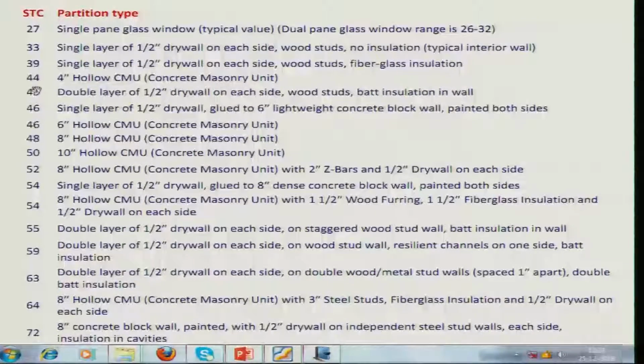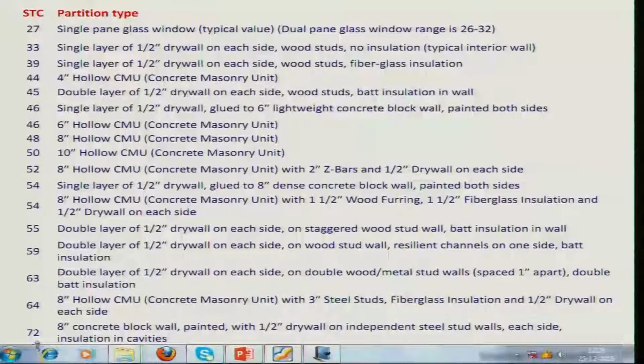If you want an STC rating of 45, then in terms of the partition you want a double layer: two layers of half-inch dry wall on each side, connected with wood studs, with batt insulation in between. Based on these different types of constructions, you can get different STC ratings.